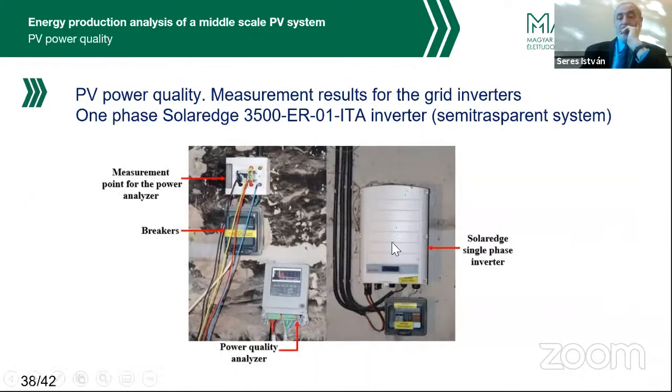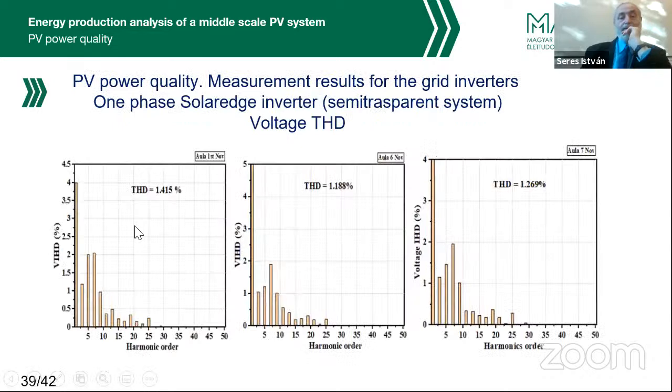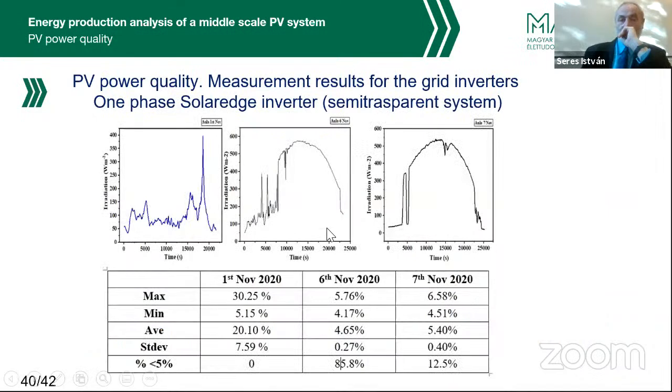Yeah, this is the inverter and the measuring of the transparent system. We did a lot of different measurements, and here you can see the harmonic distribution, and you can see the total harmonic distortion of the system for the voltage and for the current.